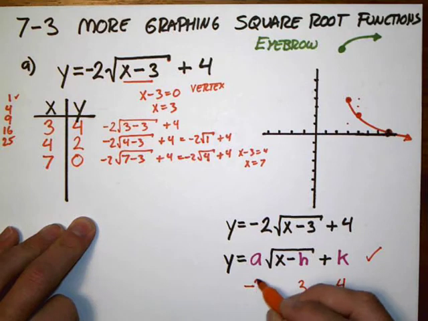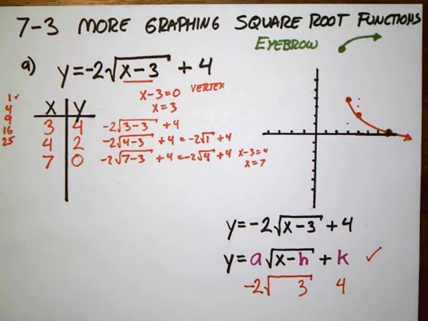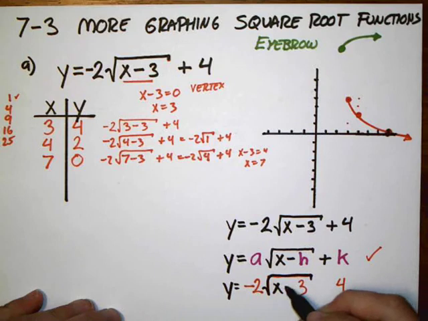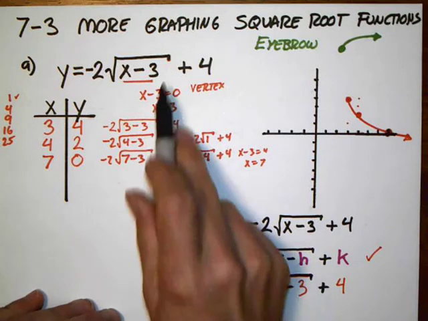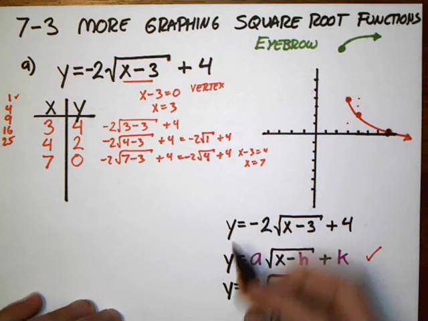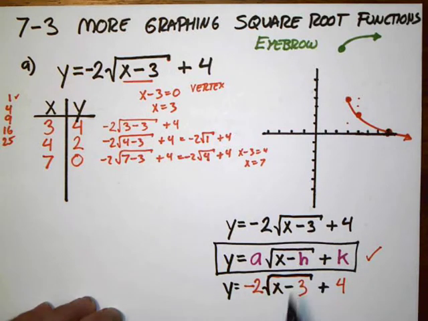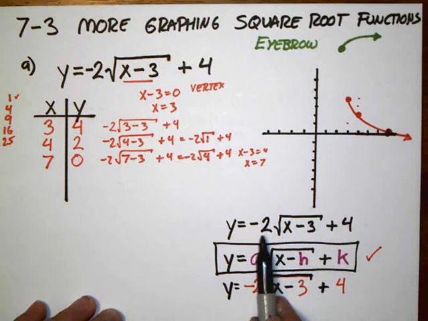So our a value was minus 2. And sure enough, all of the other stuff is the same. So I would get y equals minus 2 times the square root of x minus 3 plus 4. That's exactly what we have up here. So this a, h, k equation still works. If I can produce something in this form, I can graph it the same way with an h and a k.